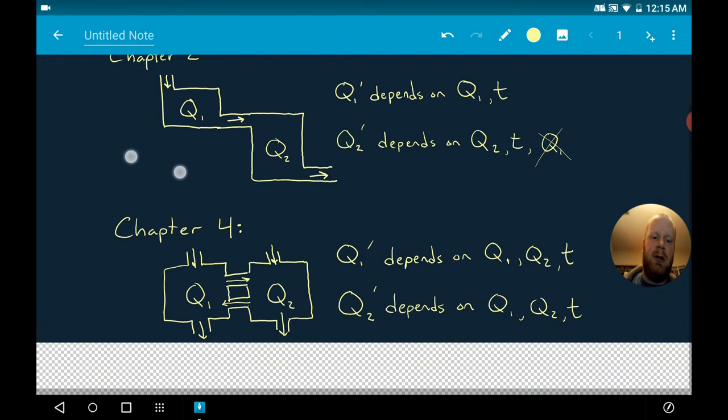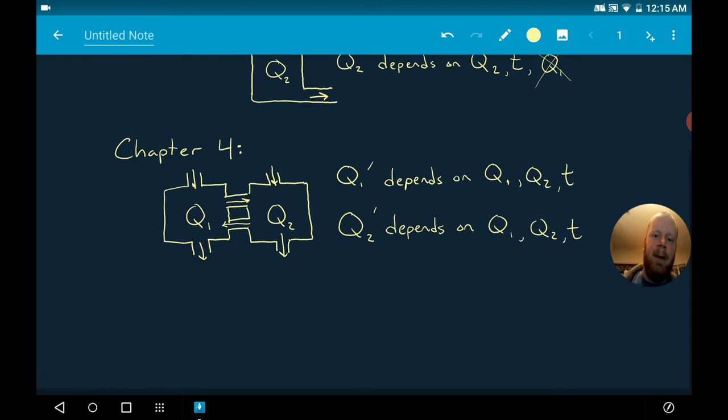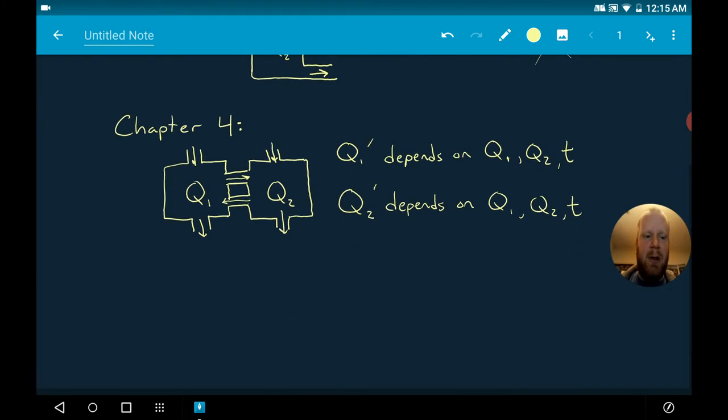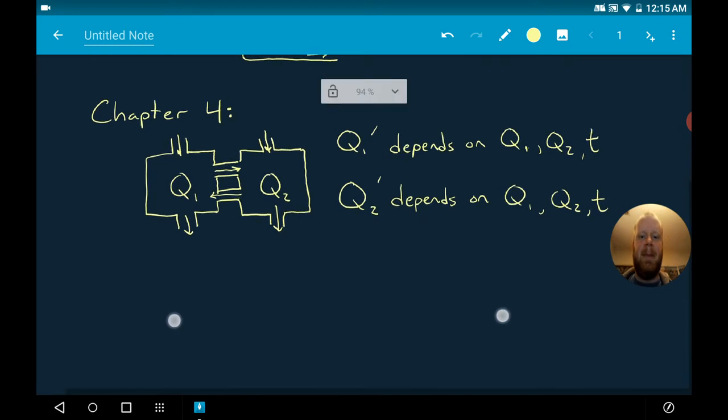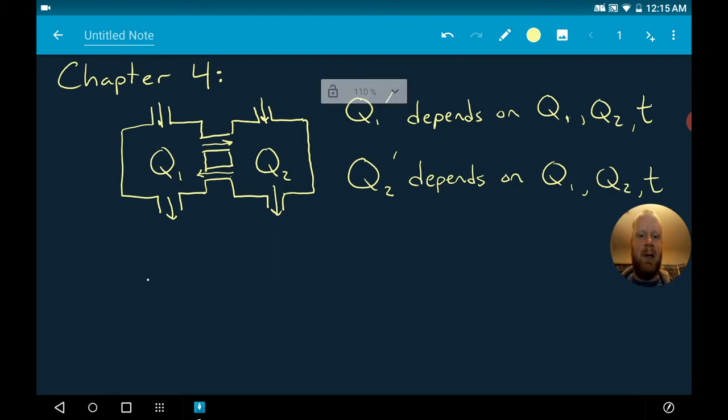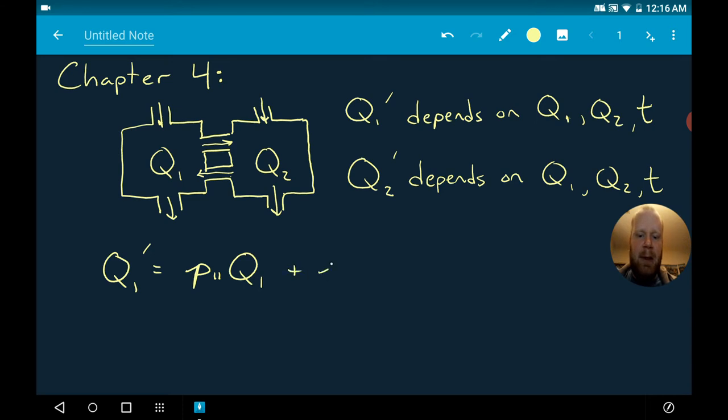So I'll show you what that system might look like, and then we'll see how it relates to what we did in the linear algebra review. If I'm going to set up a system of equations for this one, I'll say that what's happening in the first tank is, and I'm going to give these some strange names, but you'll see why, some function times Q1 plus some other function times Q2.